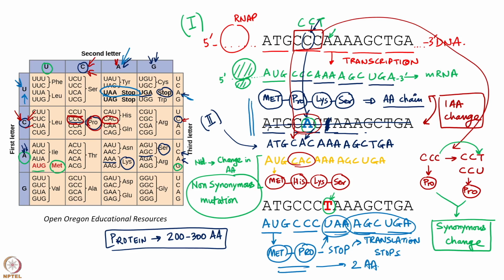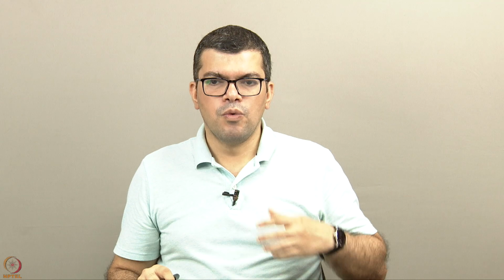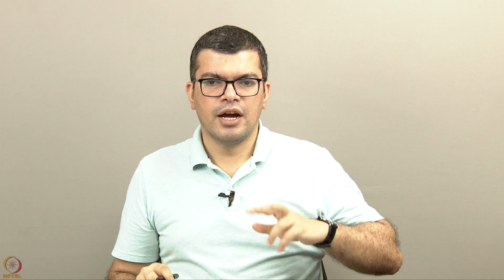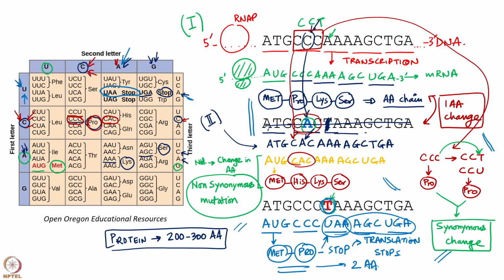This one nucleotide change could also result in cases where there is no change in the amino acid sequence, or cases where the protein synthesis process is truncated even before the entire transcript has been read. Which of these three scenarios plays out obviously depends on where the mutation happened, in which codon, which triplet, at what position, and so on. But this tells us the range of possibilities that exist for mutations in the genetic code.